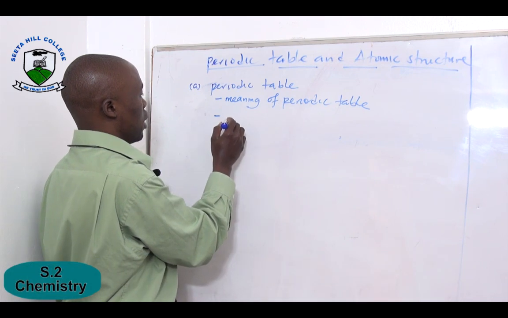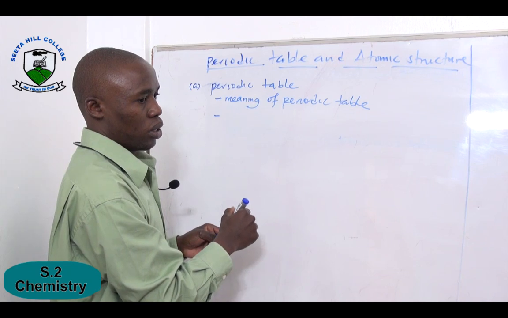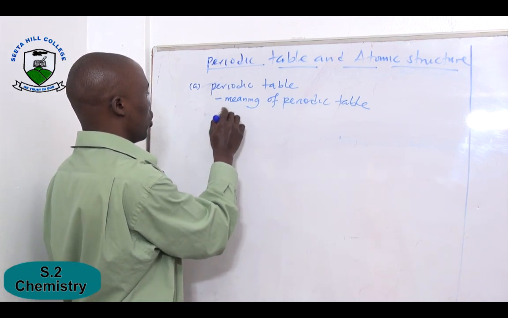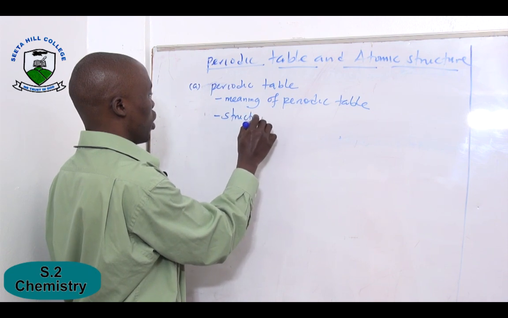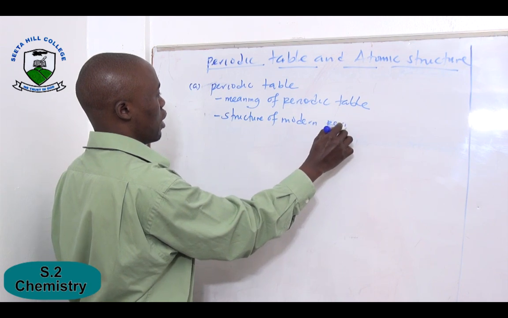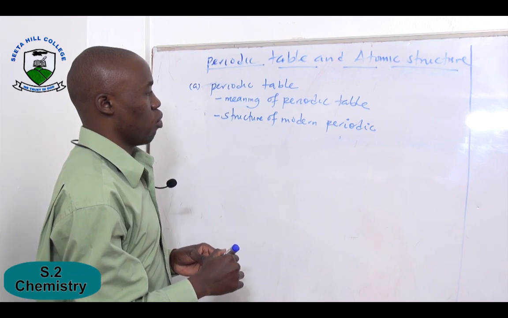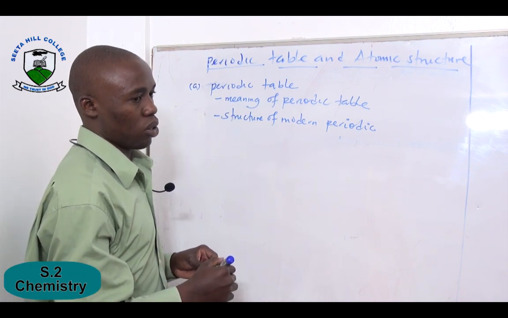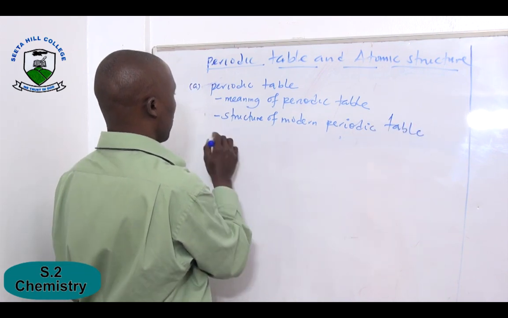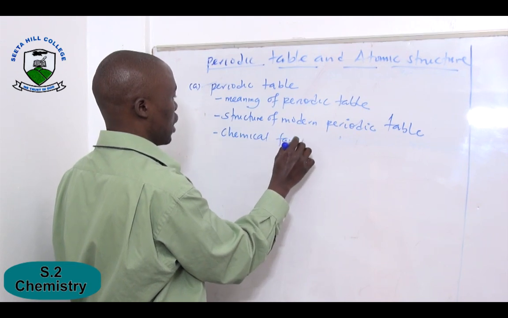Then we shall also look at the structure of the modern periodic table, because the first periodic table was improved and called the modern periodic table. Then we shall finally see what we call chemical families.